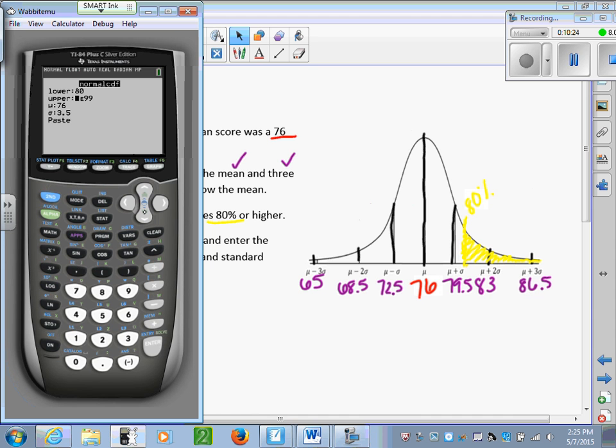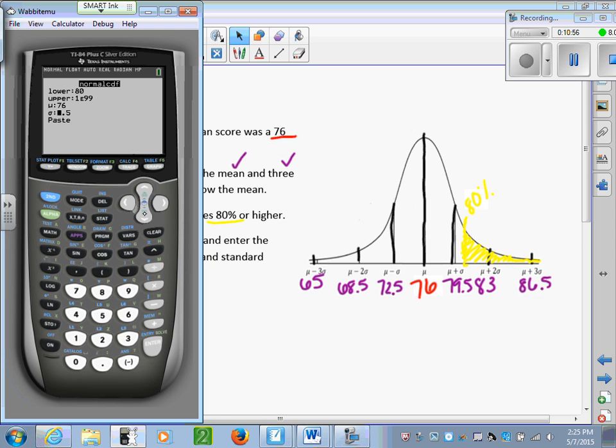Remember to put this in my calculator, I do 1. And then to get that E, you look right above your 7, the button above it has a double E in blue. So I push the second and the button right above the 7. That gets me my E, and 99. Okay. My mean is 76, because that's given to me.